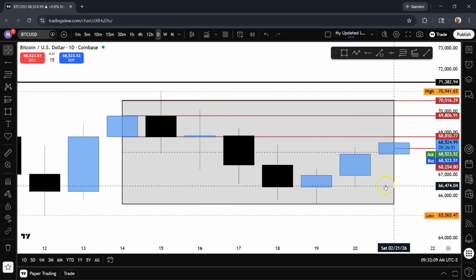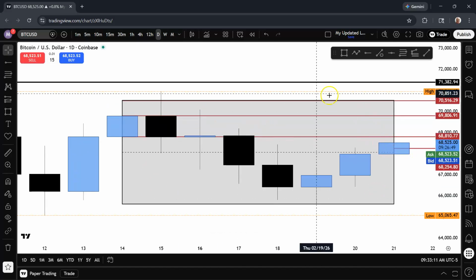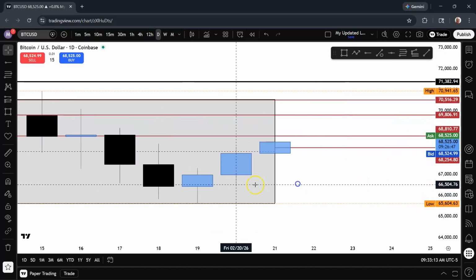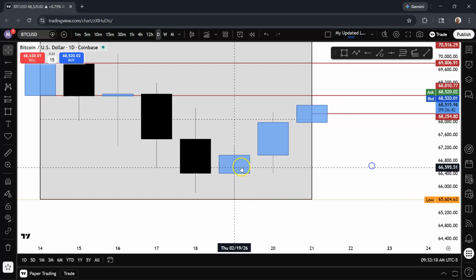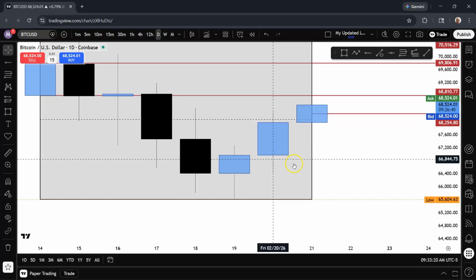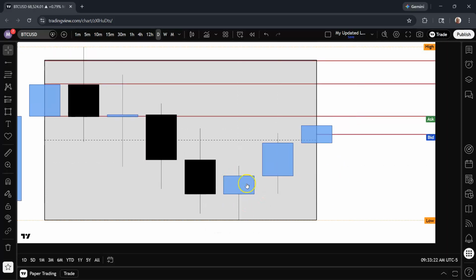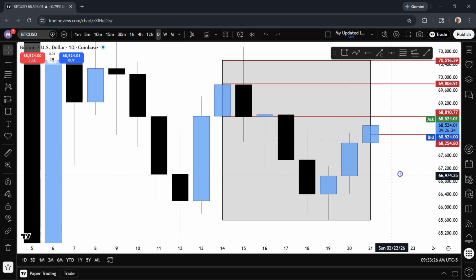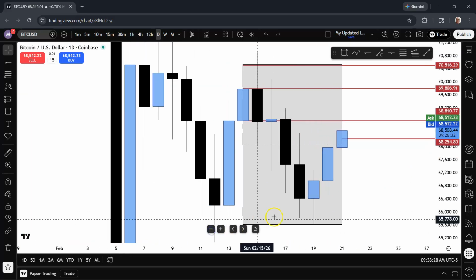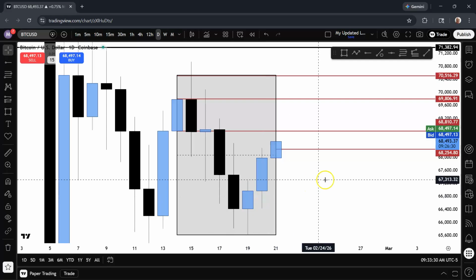Okay, now since I marked this all up here, I notice that this particular candle is a reversal candle for an uptick. Okay, see this candle right here. All right, and that's exactly what it did.